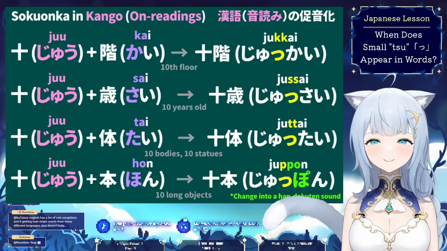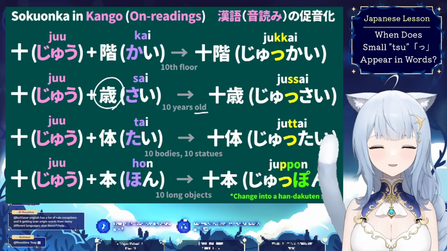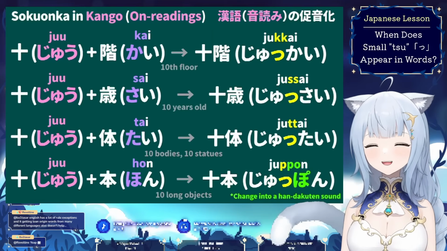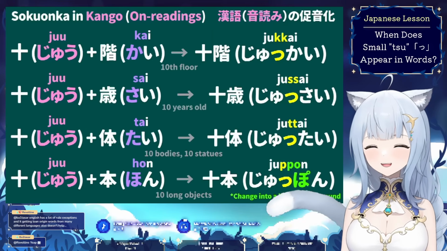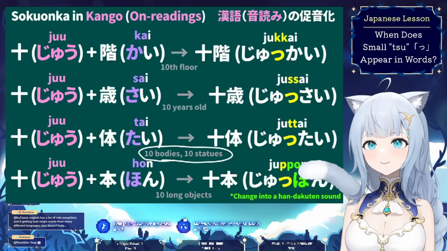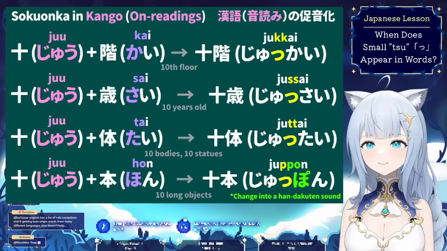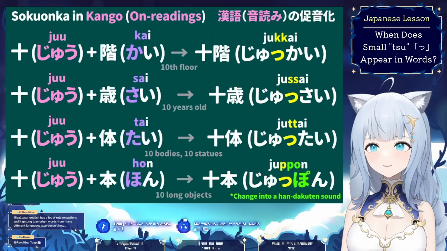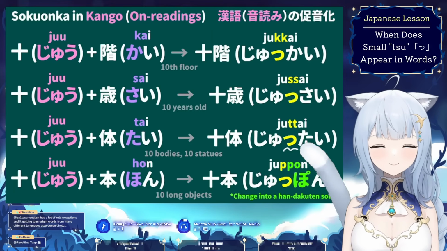So ju plus sai. Sai means years old, so ten years old. Jussai, not jusai. And ju plus tai. Tai kanji means body. So ten bodies or ten statues. When you count statues, you can use tai. Of course, it's not jutai. It's juttai. Small tsu, silent.